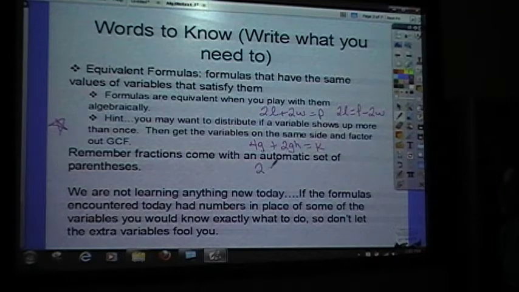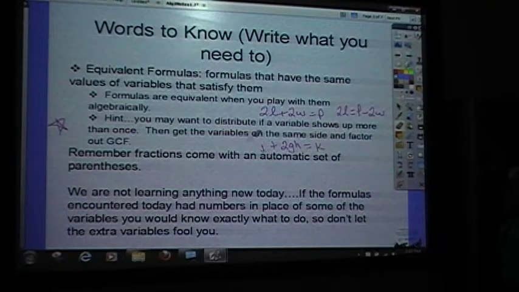Let's factor out 2G. Then I'm left with, this is not very helpful in this case, 2G times (2 plus H) equals K. That was actually a really bad example because the G still showed up. But if I had another 2 there, it would have gone away. Basically, you might have to factor out a GCF if the variables show up more than once. Again, that was a really bad example I gave you. Pretend that didn't happen. When it comes up in your homework tomorrow, I'll be happy to help you with it.